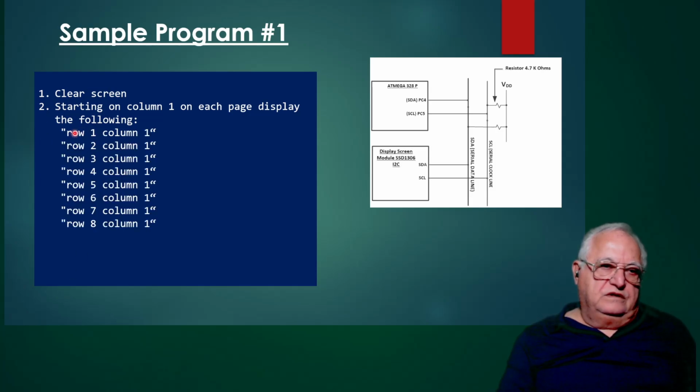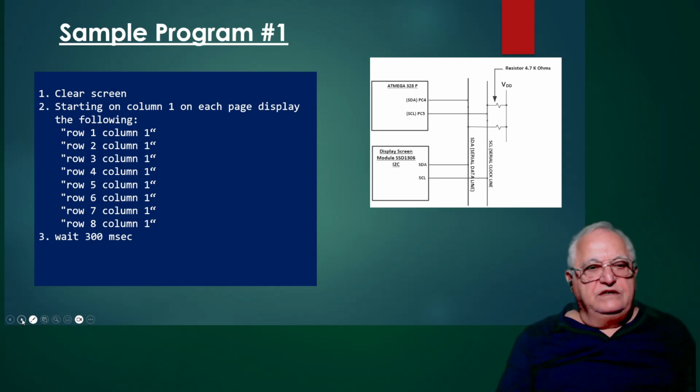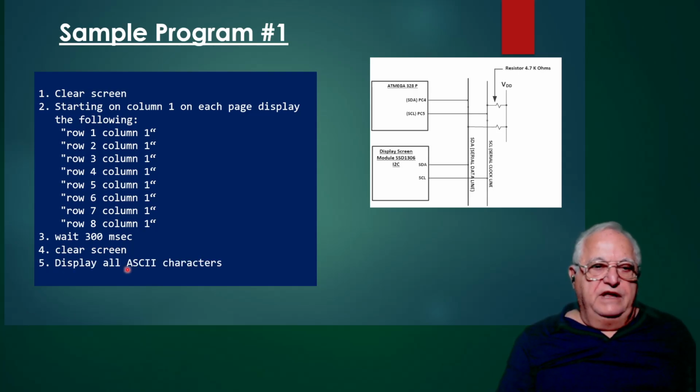So I wanted to go through the 8 pages and display this statement, row 1, column 1, row 2, so forth, so you can see each of the pages. Next, I wanted to wait 300 milliseconds and then clear the screen and finally display all the ASCII characters. Those are the ASCII characters that we developed during our past presentation.